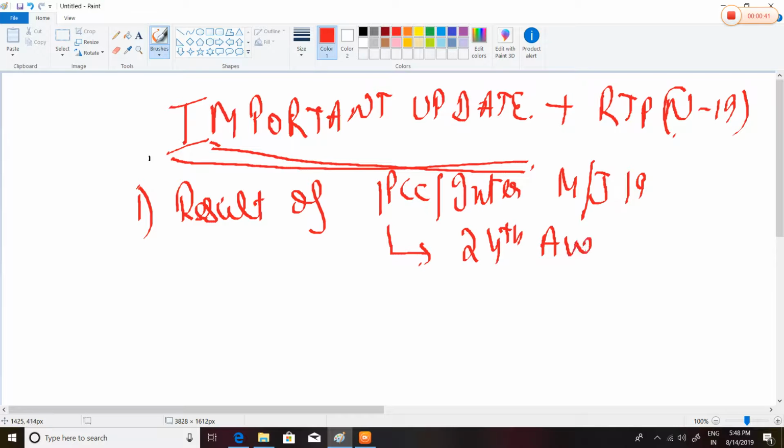Official notification will be out within 2 to 3 days. Approximately 23rd to 24th August will be the date.